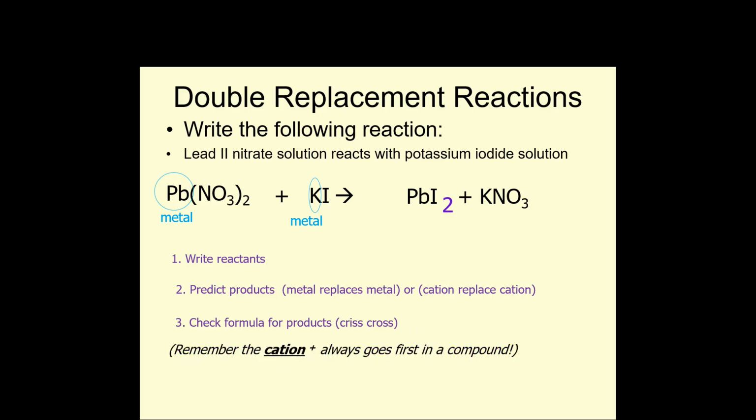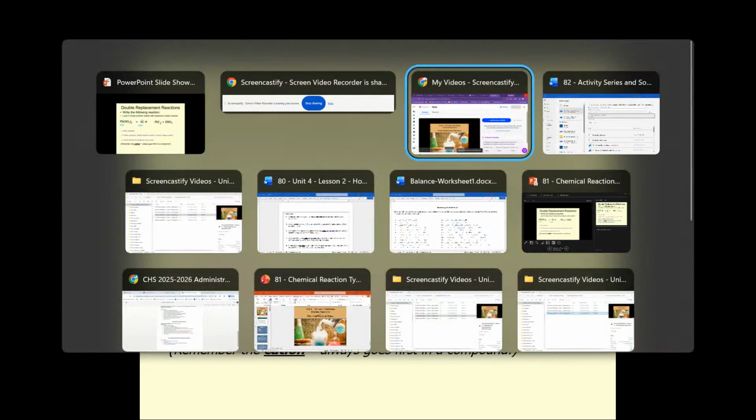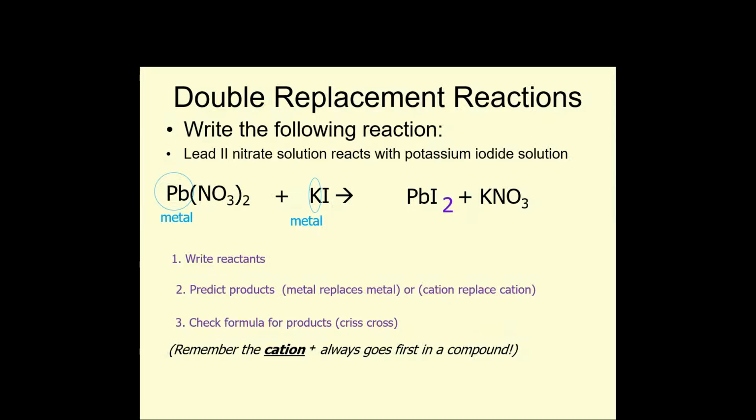Now we have to figure out whether this reaction is actually going to occur. So not every double replacement reaction will occur. Some will just mix together and nothing will happen, and some will form precipitates or maybe gases or something like that.